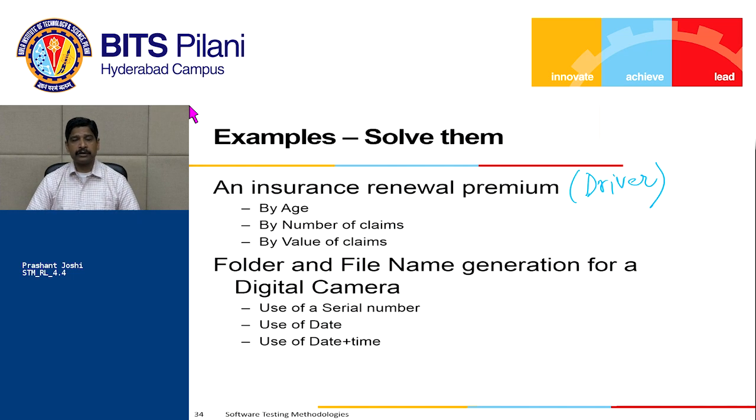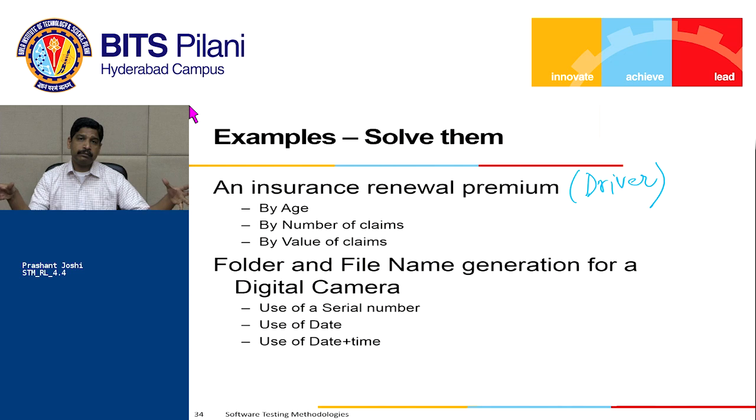A driver insurance, typically between the age of 20 and 25 may be the highest. That is one of the examples that I have noticed, that they always provide between 18 to 25 highest insurance requirement by age. But between 25 to 35, the insurance premium goes a little down.